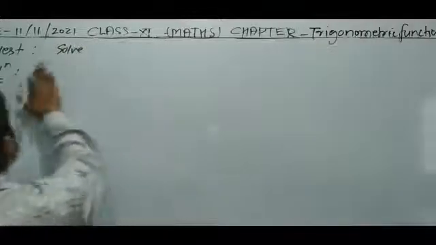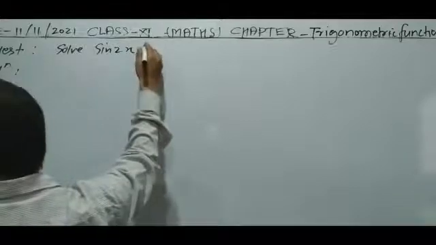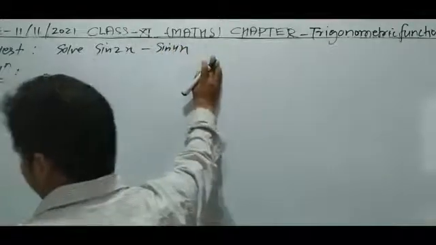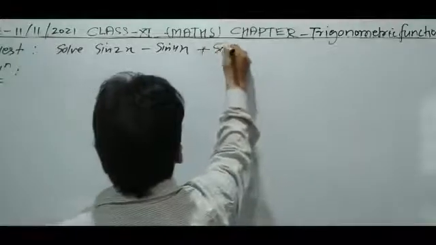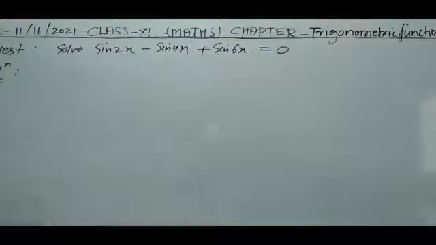Solve sin 2x minus sin 4x plus sin 6x is equal to 0. This is the expression we have to solve.